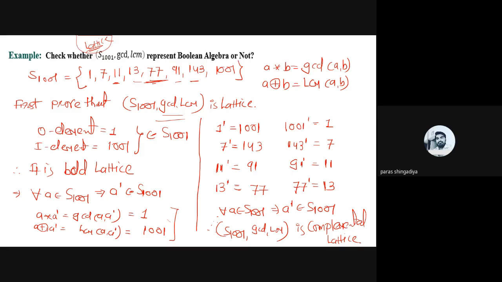Okay, so just take a screenshot of this page, first one, and then after second one, and for any doubt you can ask me.